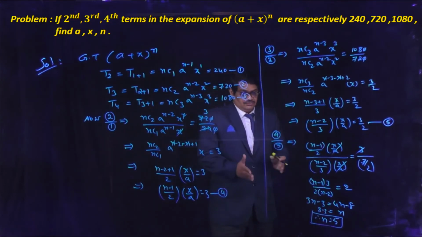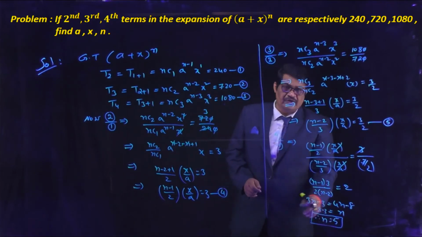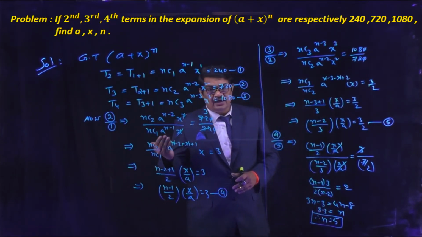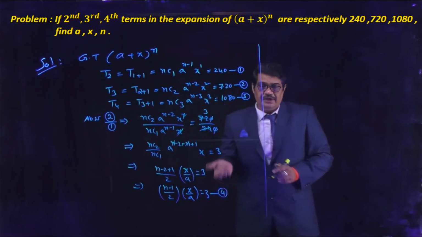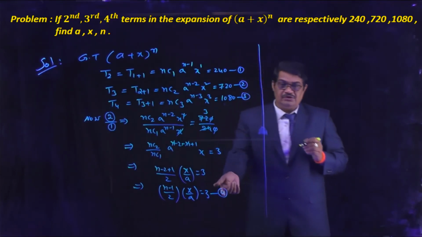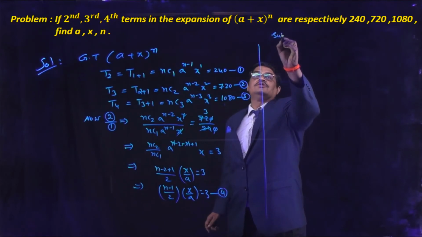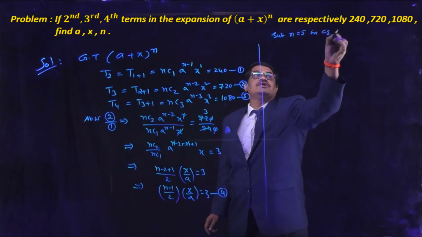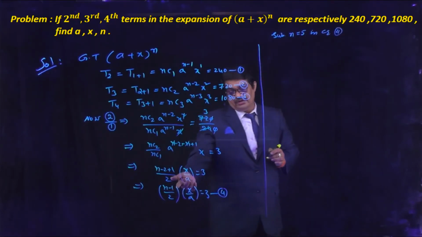Now we are getting the n value. n is 5. Now we have to find the x value and also the a value. Now substitute n is equal to 5 in equation 4.